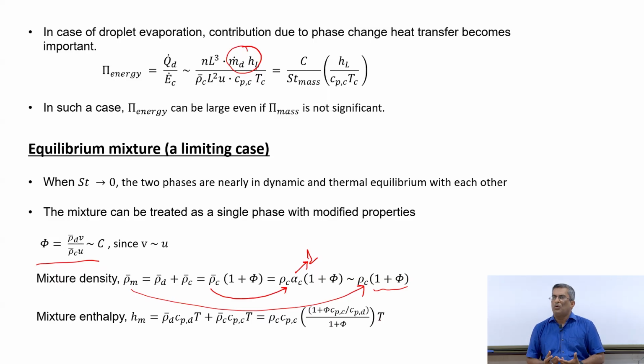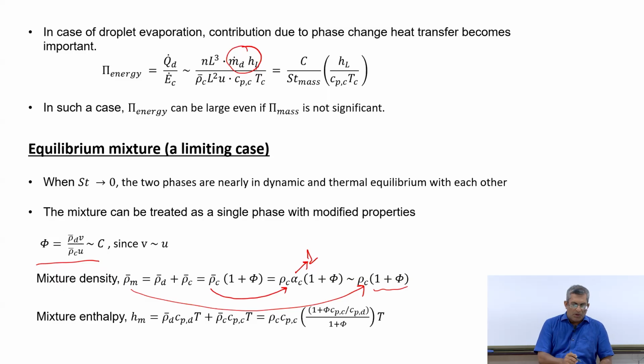Now, what is the advantage with this? The advantage is that you don't need to solve separate sets of equations for carrier phase and particle phase. You can still use the same single phase governing equations, only change the properties. So that makes life much easier.